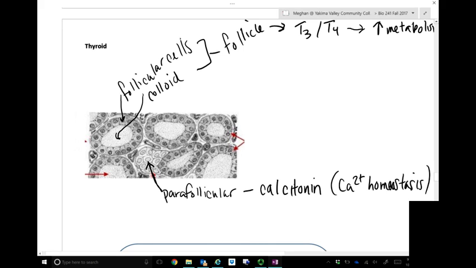Now, when we secrete T3, T4 from this thyroid follicle, what causes the follicle to start secreting? Do you remember? TSH, thyroid stimulating hormone. And where does TSH come from, Kelsey? It's the anterior pituitary. Good.